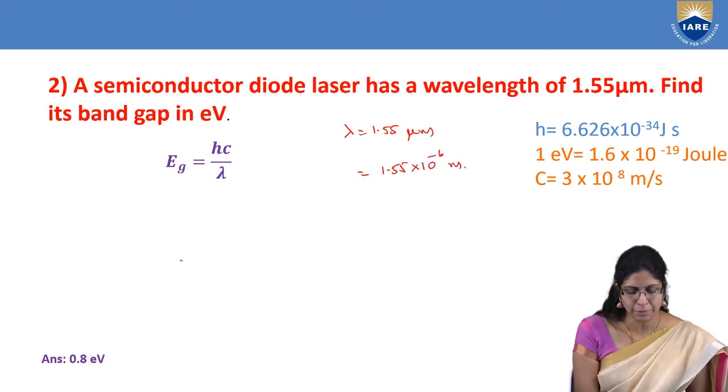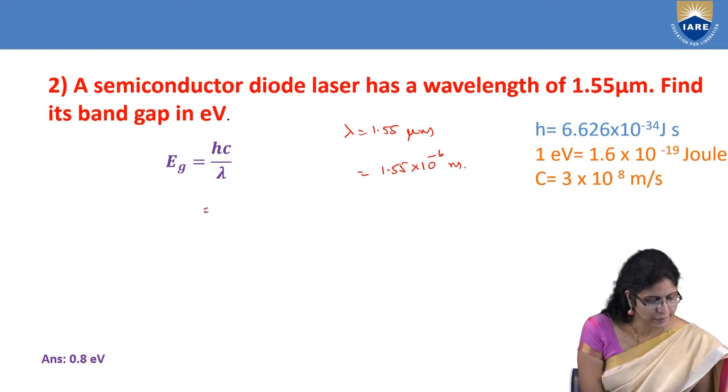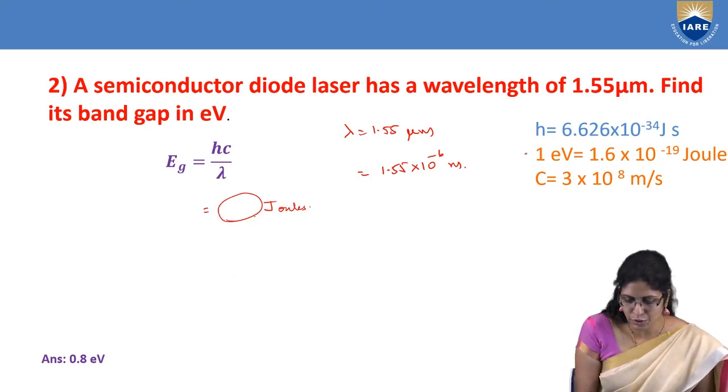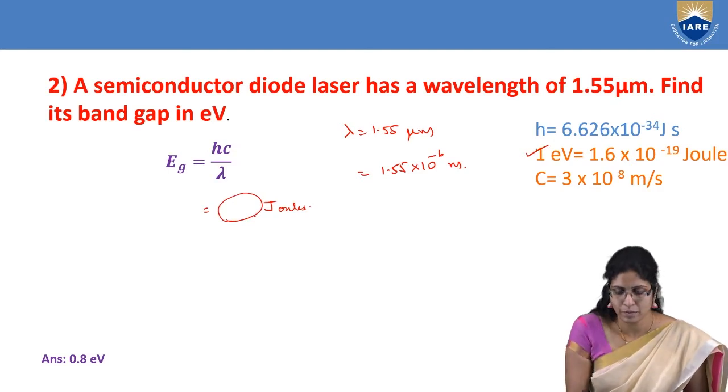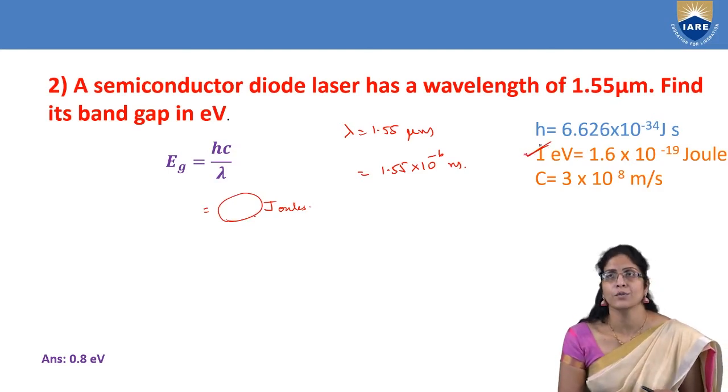You get the result in joules, and whatever answer you get, convert it into electron volt using the standard conversion: 1 electron volt is equal to 1.6 into 10 to the power of minus 19 joules.